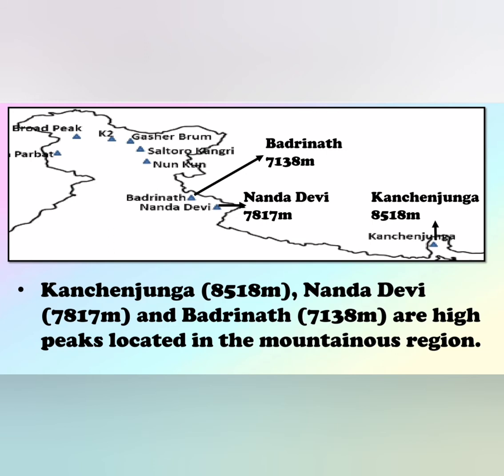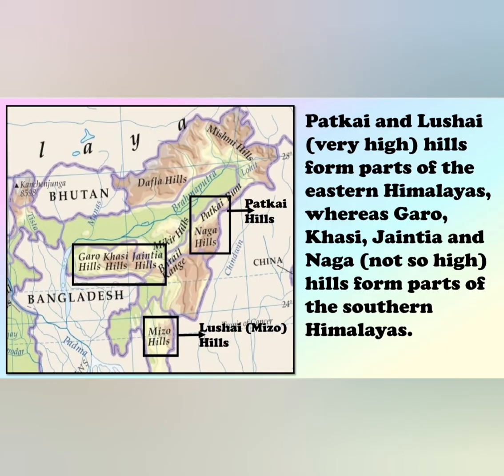Now, as we move towards the eastern part, Patkai and Lushai, which are very high hills, form parts of the eastern Himalayas, whereas Garo, Khasi, Jaintia and Naga, which are not so high hills, form parts of the southern Himalayas.